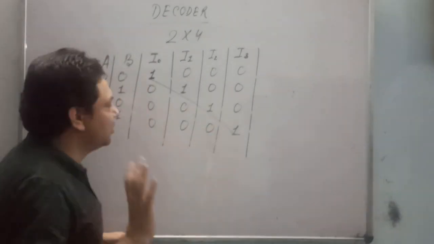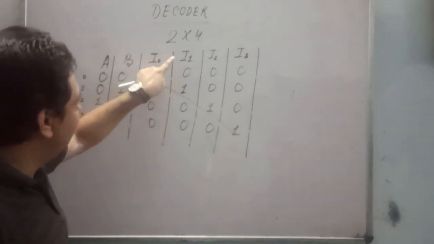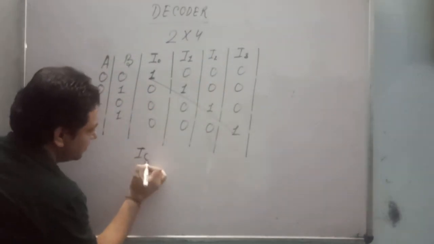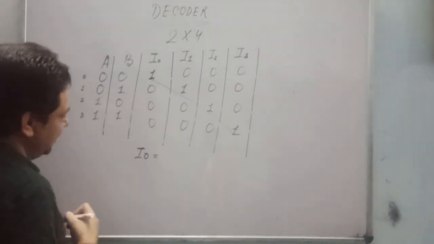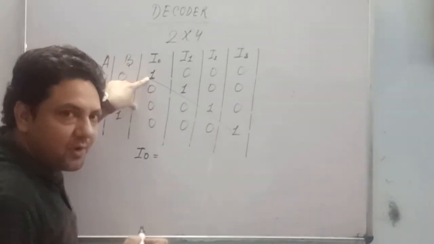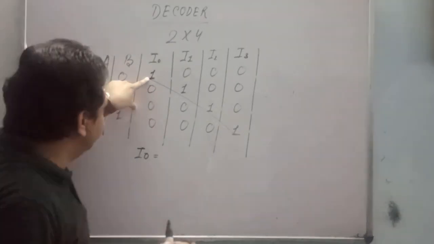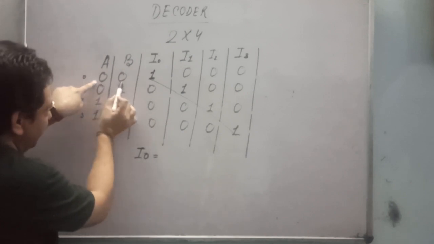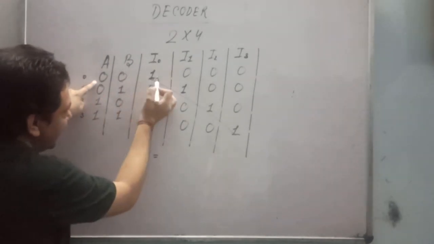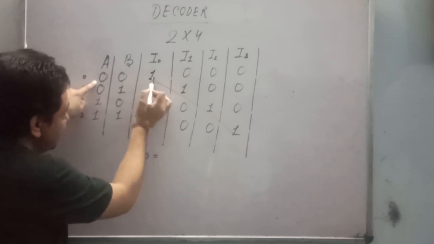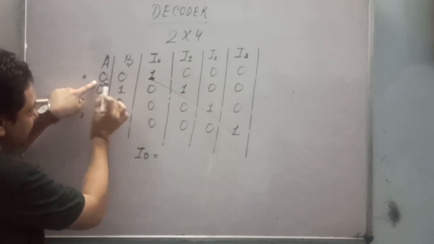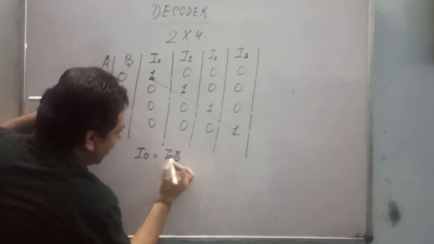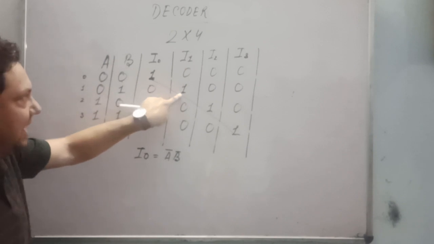So simply we have to write down the minterm for I0, I1, I2 and I3. I am writing the minterm over here. For I0, if we see, basically 1 is coming on I0. 1 is the property of minterm, you know that. And in minterm, basically, we convert the corresponding values also into 1. So here 1 is coming, I have marked this position, and its corresponding values are both 0 0. So to convert 0 0 into 1, we have to take A complement and B complement. Understand? Now we will talk about I1.